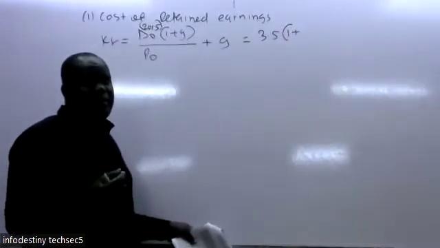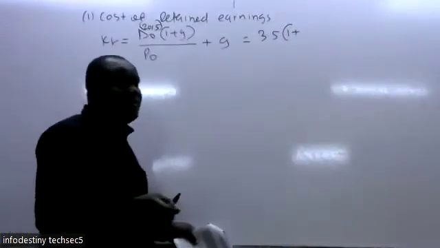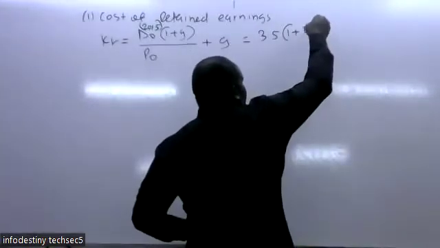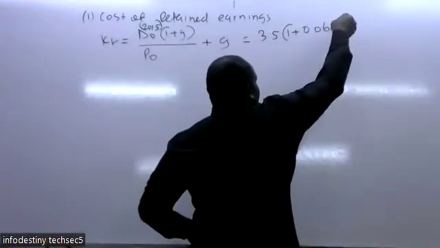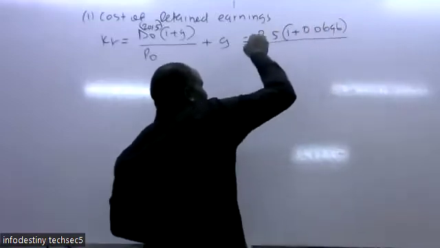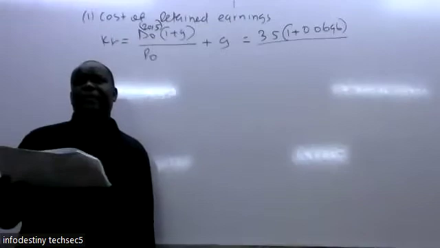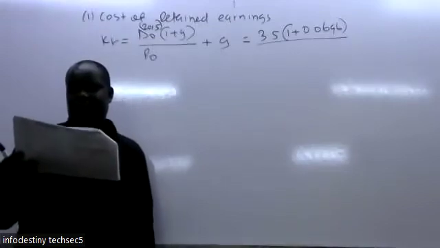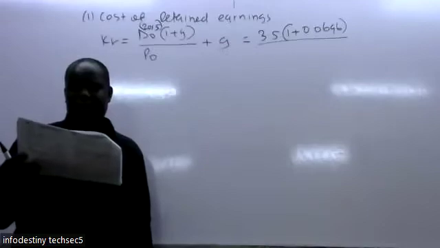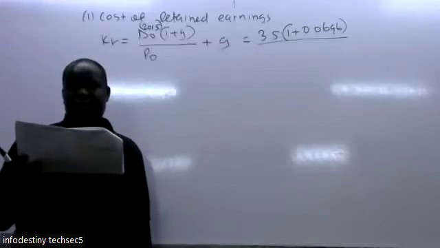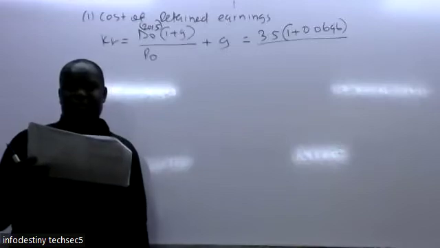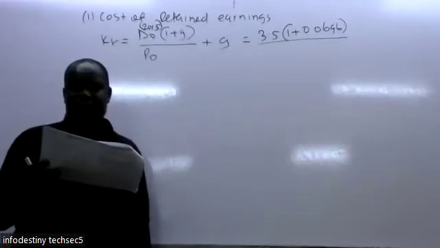We said it is 6.96%, which is the same as 0.0696. So P0 is the current market price per share, which was provided to you in note number 2. You see note 2, market price per ordinary share on 1st of January 2016 was how much?